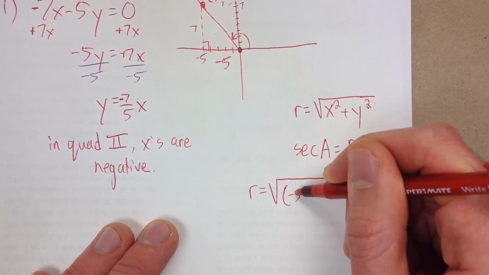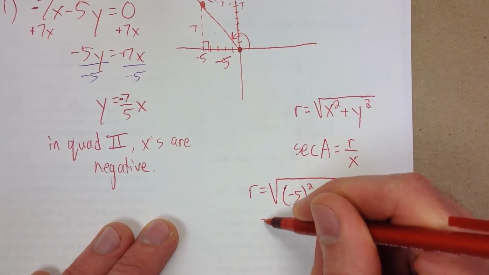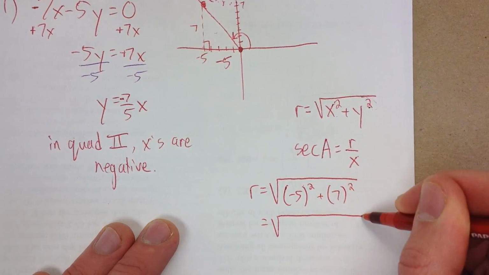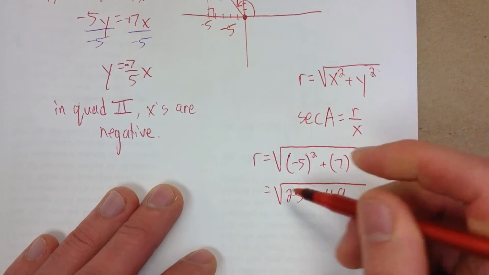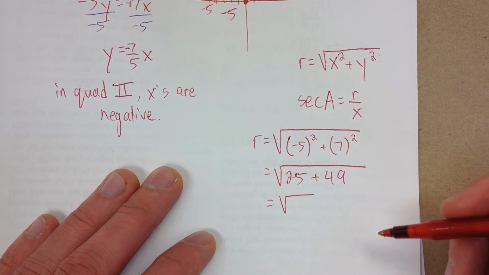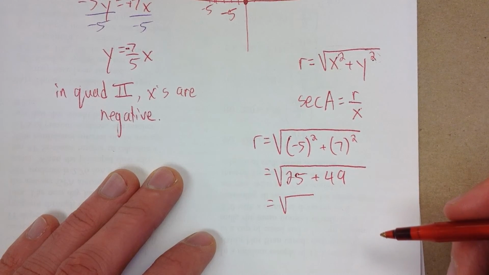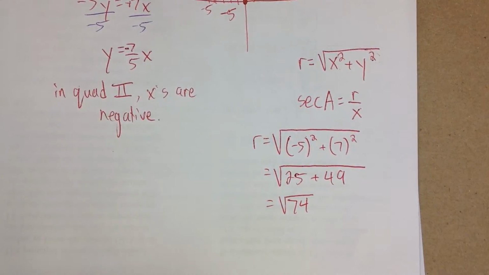So your x is -5. Your y is 7. Liam, -5 times itself is 25. 7 times itself is 49. The sum of those two is 74. Can you simplify radical 74?